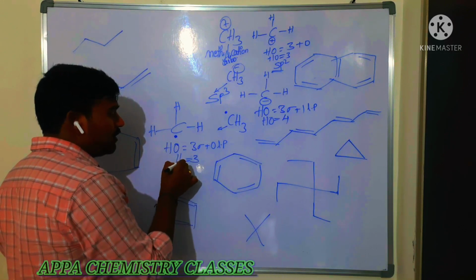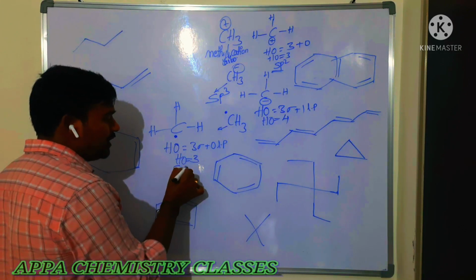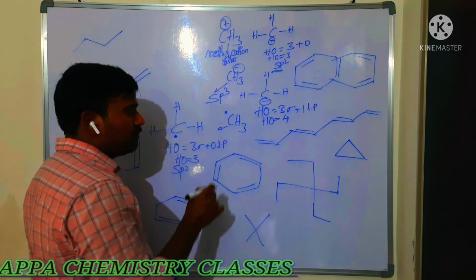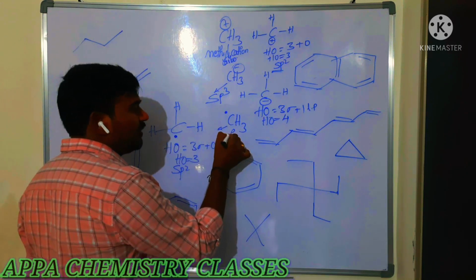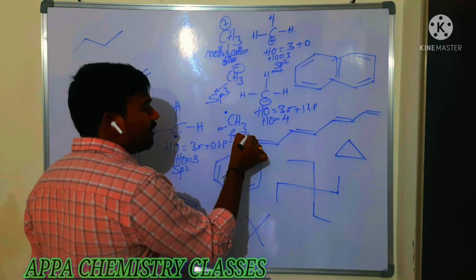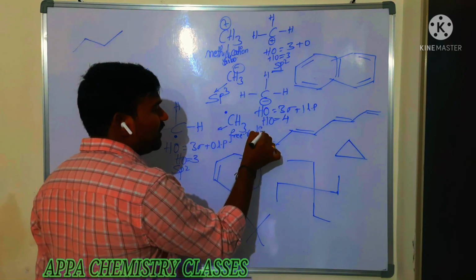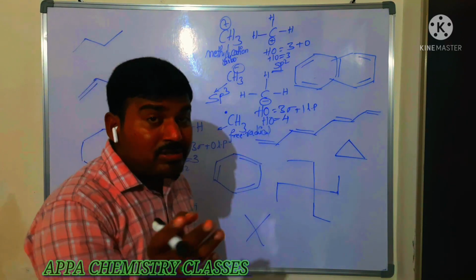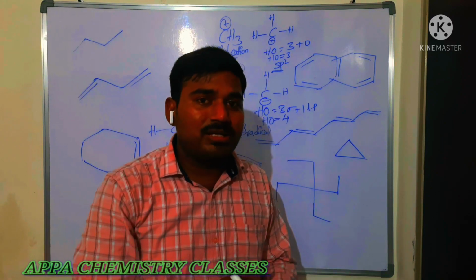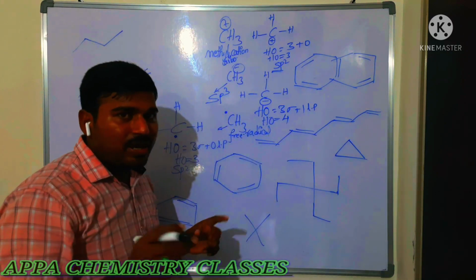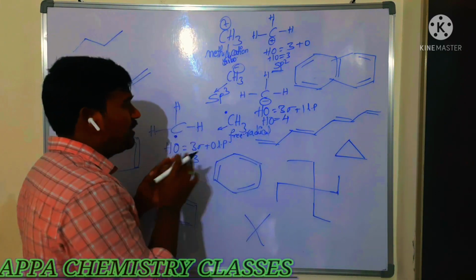So 3 hybrid orbitals means sp2. This is the methyl free radical. Single electron containing species are called free radicals, or odd number of electron containing species are also called free radicals. Is that clear? This is very important.